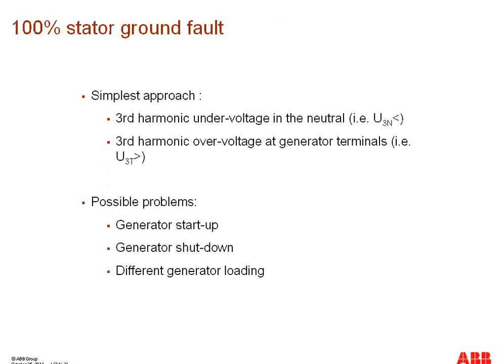So the simplest approach would be that we not only detect an undervoltage condition for the third harmonic voltage, but also detect an overvoltage condition as well, to be on the safe side.